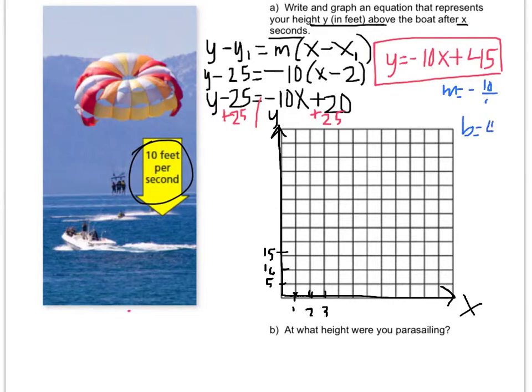And now I have to go down 10 and right 1. But remember, down 10 is really 2 boxes. So be careful when you're counting.